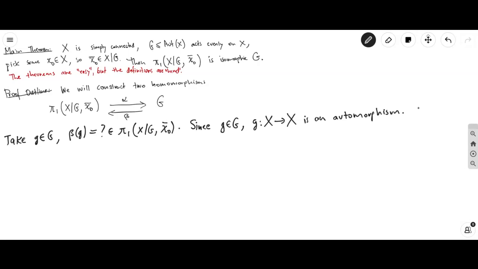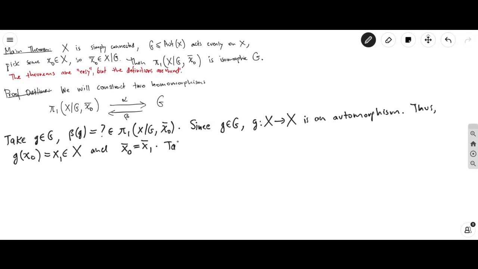And thus, if you apply G to x0, you're going to get something new. Let's call it x1. And whatever that is, that's going to be an x. And x0 and x1 are in the same mod class because one is the translate of the other.